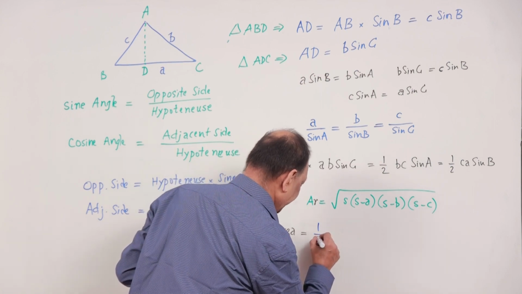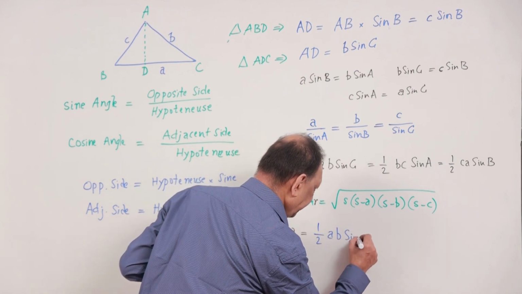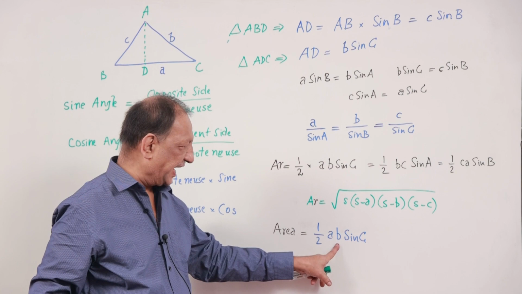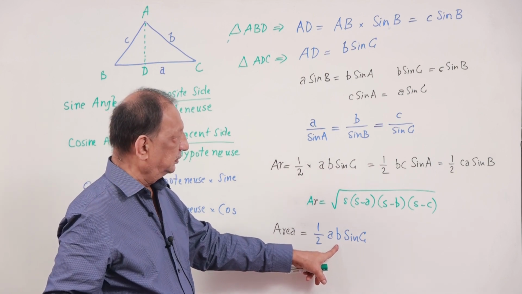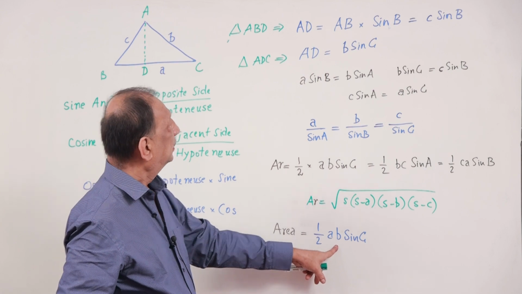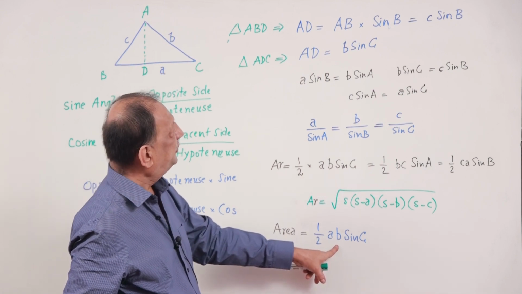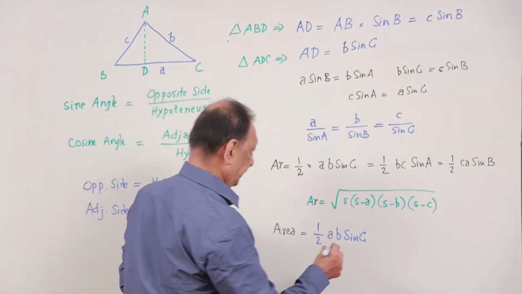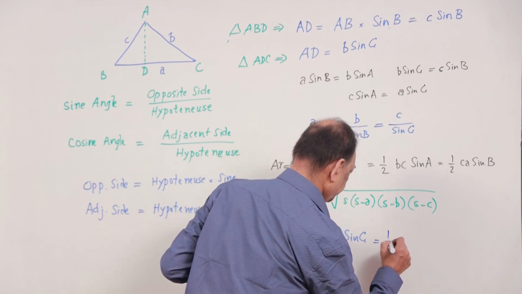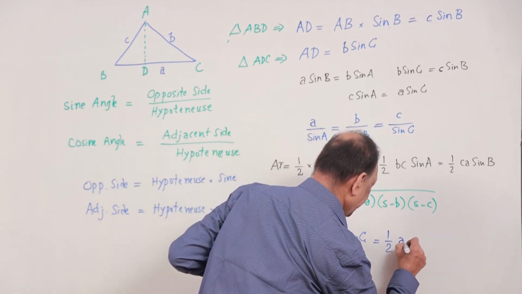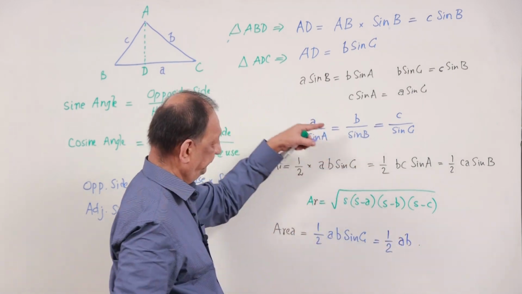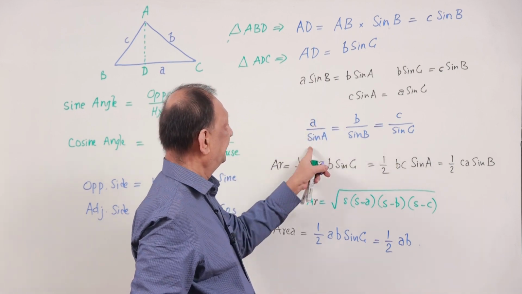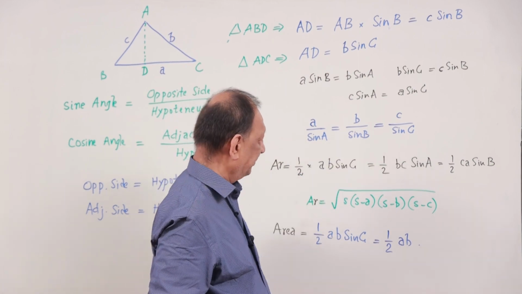Area is actually half AB sin C, but unfortunately I don't know the value of small b, but I know the value of capital B, which is the angle B, no? Right? So how do you find the value of b? Use this formula: b is A sin B by sin A. So it is half multiplied by A, b, multiplied by sin C. Sin C will be C sin A divided by A, but then I will get C there.